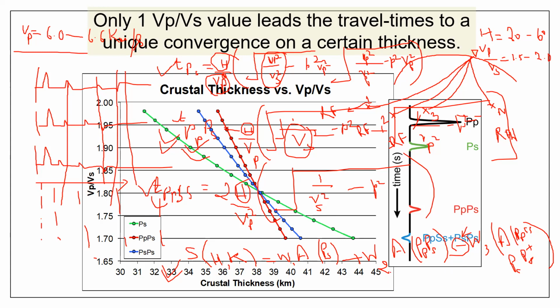The next significantly clear phase that you will see on your receiver function will be PPPS, so W2 will have a little lesser weight than W1. And W3 is the noisy phase, which is sometimes clear and sometimes not clear on your receiver function, so this will have the least weight.